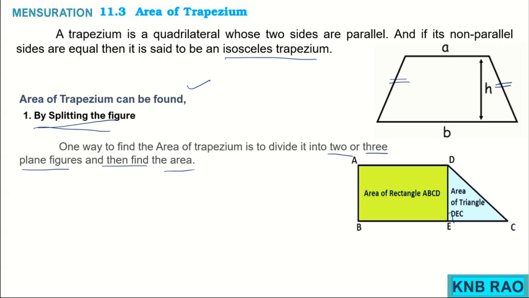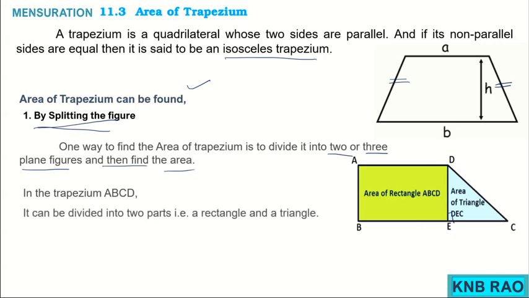In this trapezium ABCD, we find the area by finding the area of rectangle ABED and the area of triangle DEC and adding them. So, area of trapezium ABCD is the area of rectangle ABED plus the area of triangle DEC.